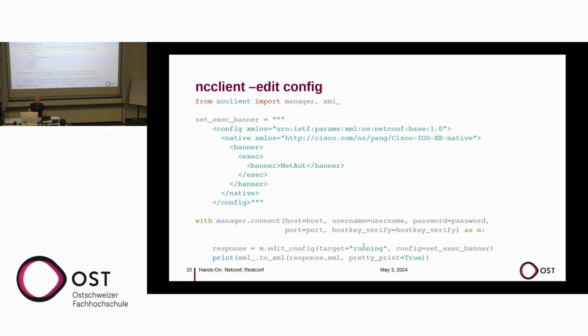Yeah, and this is an extremely simple example. I can change all the configurations like this, and I can even change multiple things in the same RPC. So I can change the banner, but I could also change, in the same request, for example, the BGP peering for a specific address family.